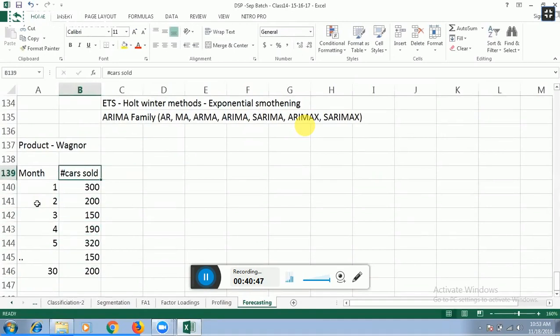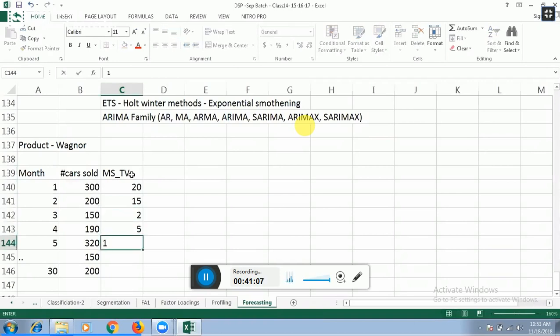You also know that car sales depend on some kind of marketing spend. For example, the marketing spend on TV: 20,000, maybe 15,000, 2,000, 5,000, 10,000, 13,000, 3,000, or maybe 30,000.